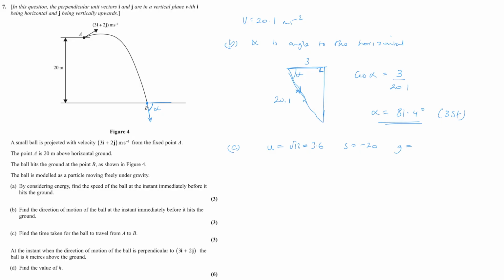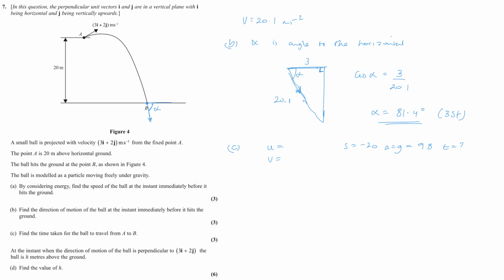We've got gravity 9.8. We've got t, which we want to find. We know v is 20.1, but obviously we've worked that out. a is gravity, yeah. No, so hang on. So u and v are not speeds, are they?